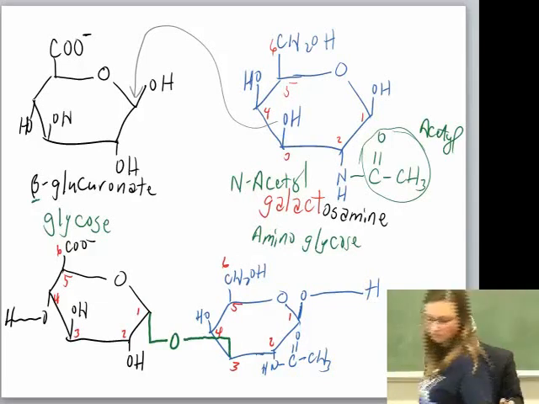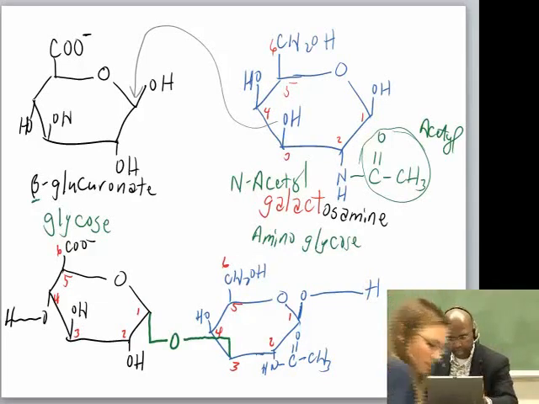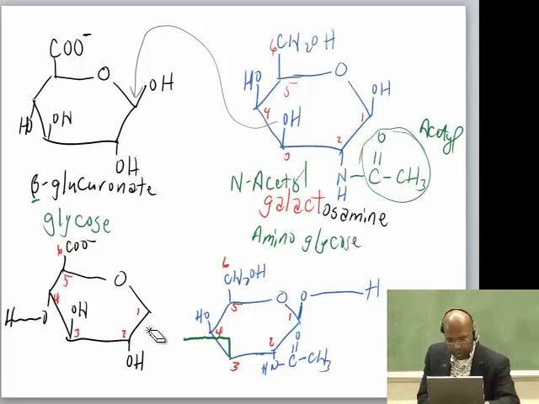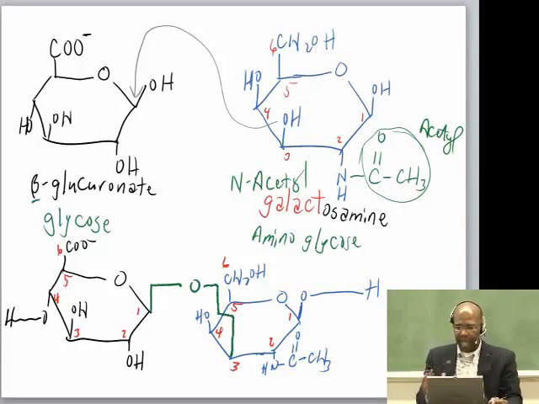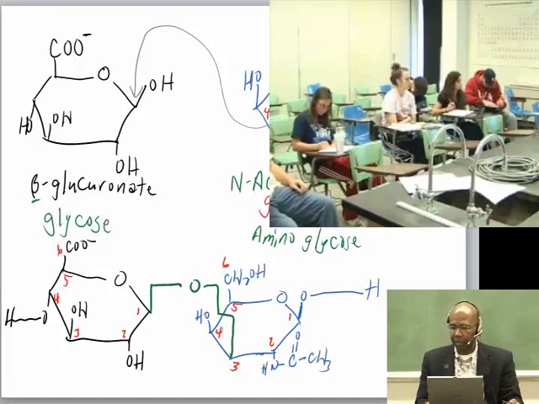But we don't want alpha. So I'm going to erase this. So we want beta, so this has to go up. And the key here, the main thing you want to remember is that these corners in a glycosidic bond, they are not carbons. They're just a way to get the bond from one carbon to another carbon. Everyone okay with that?